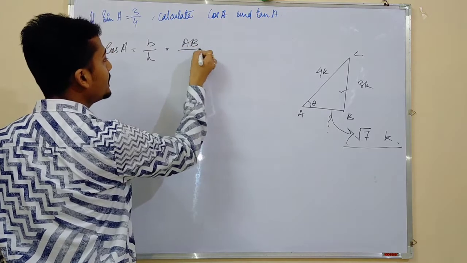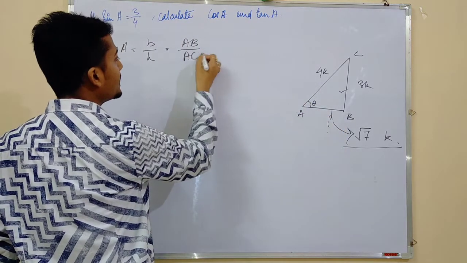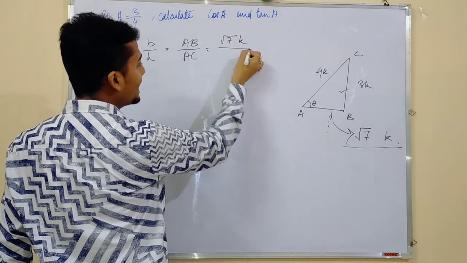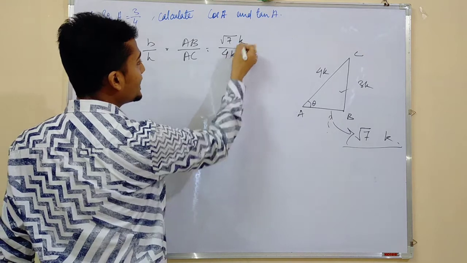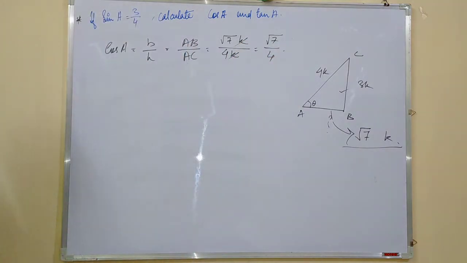B will be AB, H will be AC. So AB is equal to root over 7K and AC is equal to 4K, K and K cancel, so it is root over 7 by 4.